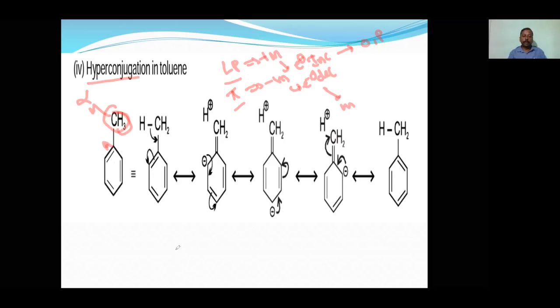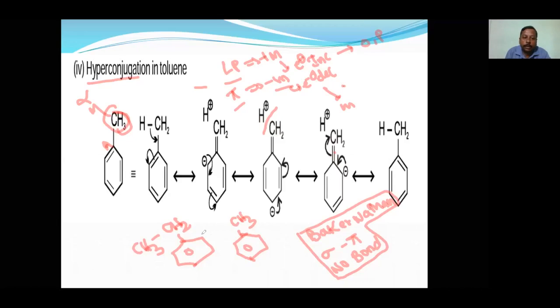So if somebody asks which is more stable, ethyl benzene or methyl benzene, ethyl benzene has only two alpha hydrogens, toluene has three alpha hydrogens. That's why toluene has a more electron releasing group than ethyl benzene.